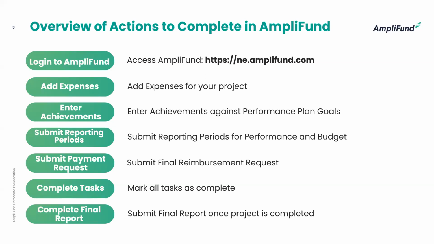Once you're logged in, you'll be able to view your organization's Amplifund account and manage any DED grants that you may have. It's always good to bookmark that page so you don't lose your spot. And if you need any assistance in getting logged in or getting invited into the system, please feel free to reach out to your program reps, your grant managers at DED.